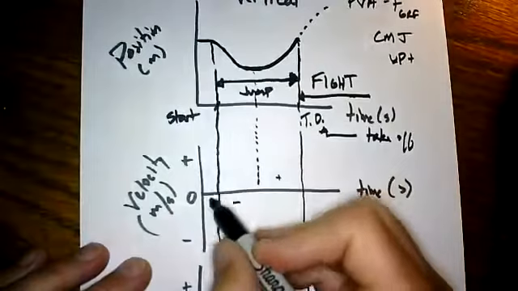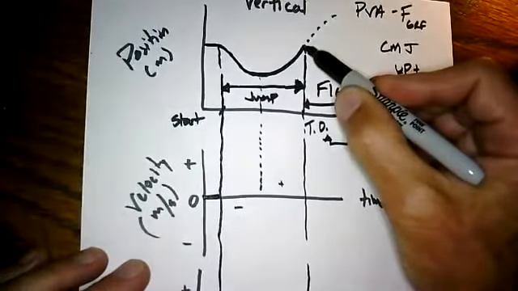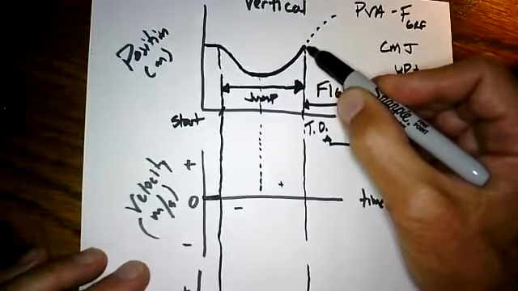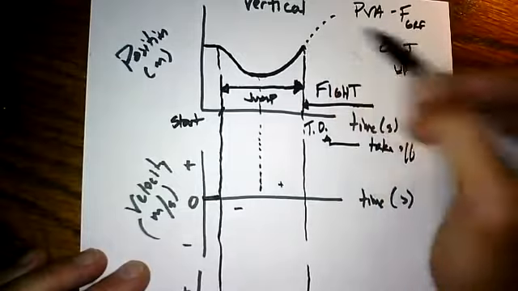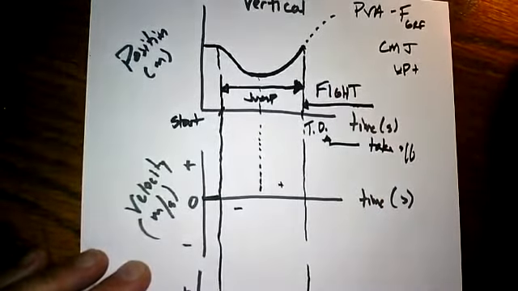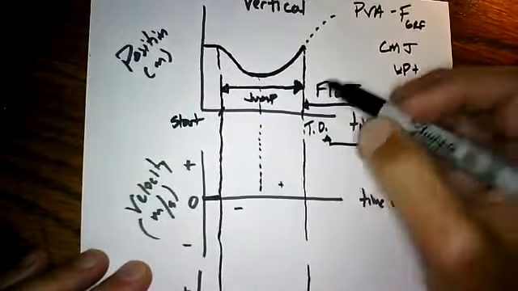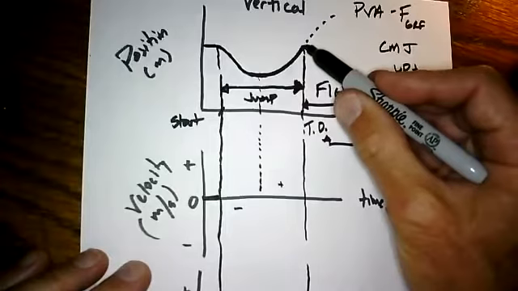Velocity initially is 0, the person's standing still. What's the velocity at takeoff? It's not 0. In fact, if I look at the slope in this region, it's going to be some positive slope. Depending on how high we're going to jump, that velocity at takeoff will tell us how high exactly we will jump.